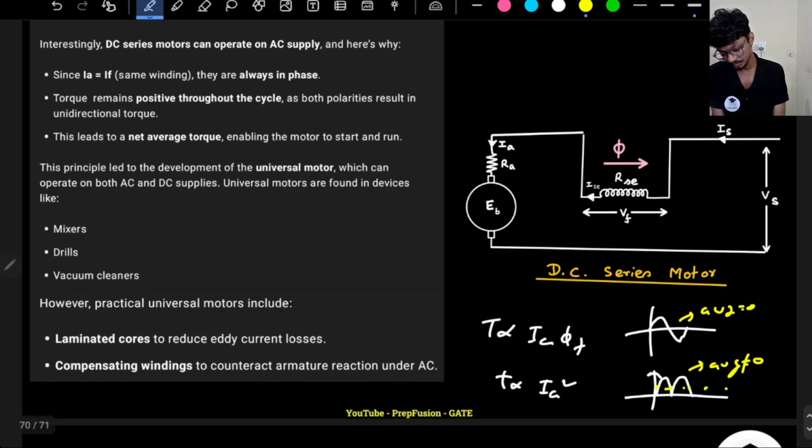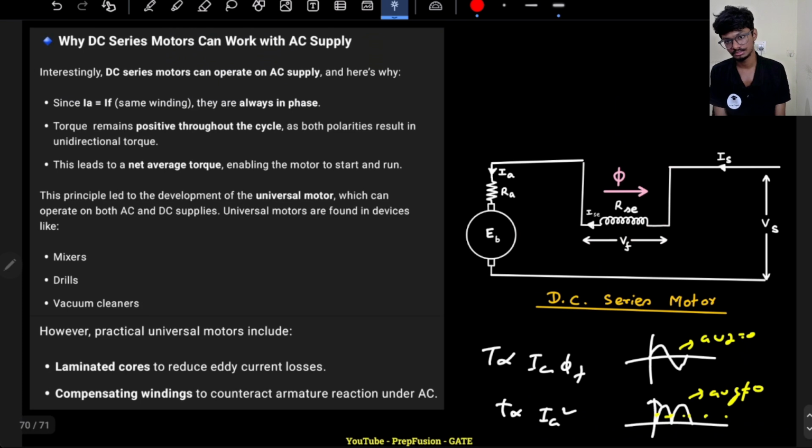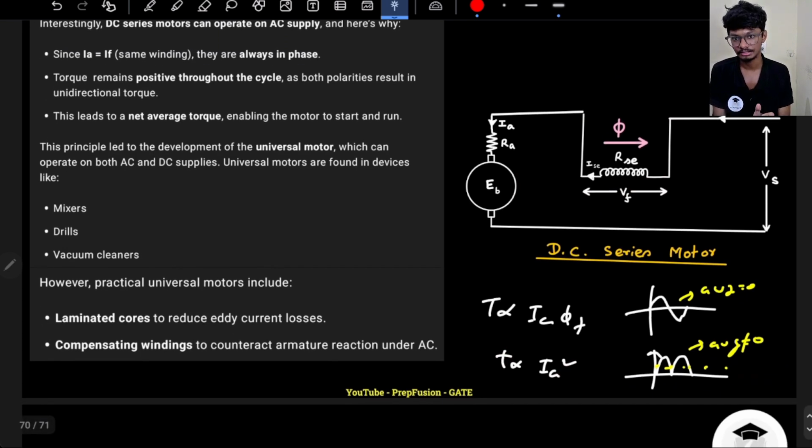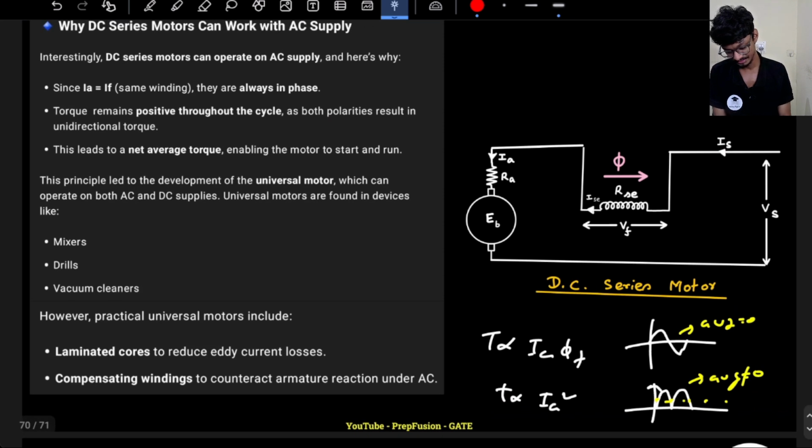That's why we can use our DC series motor as a universal motor, because the average torque is not 0 even if I am applying a sinusoidal voltage. That's it. No need to use any brains, this much only you have to understand. You can read through this, but that is the main thing.